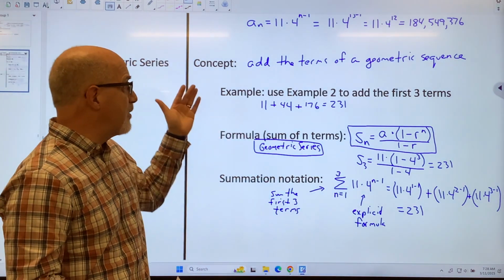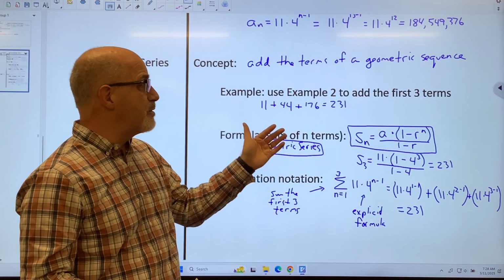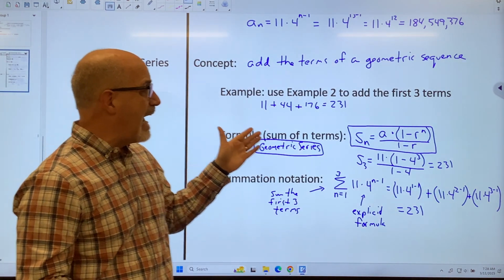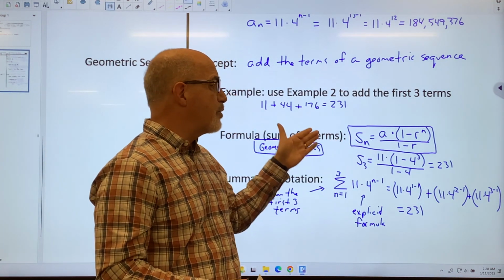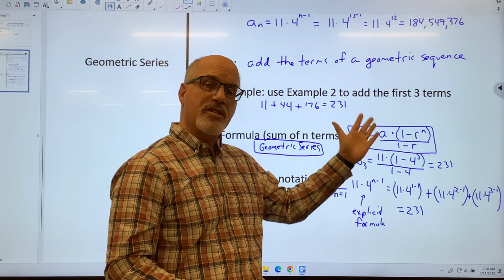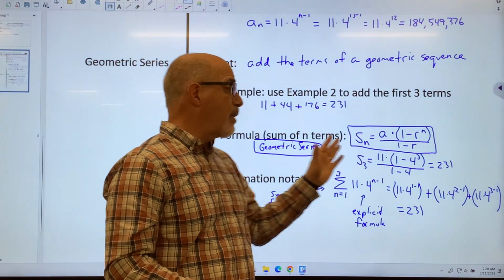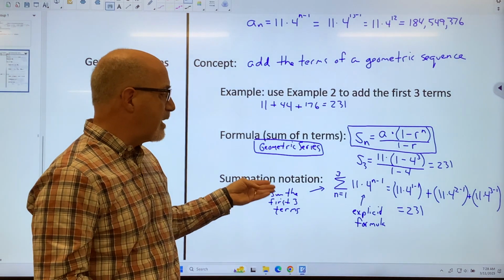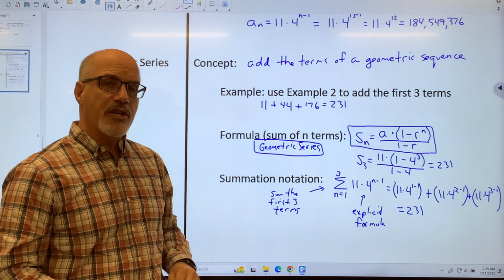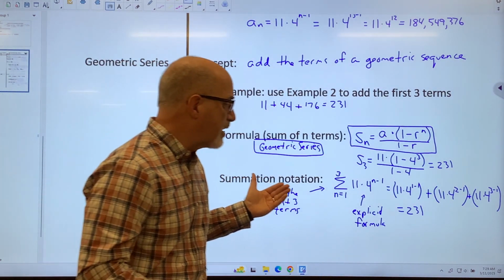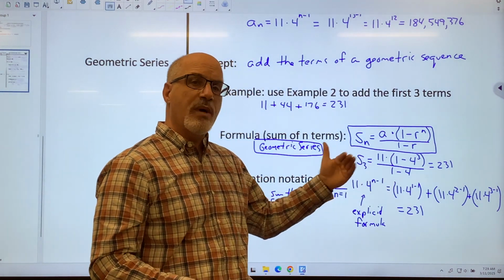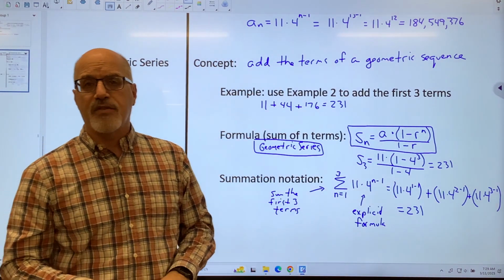Then we talked about series, where you add those terms together, and if we want to, in a geometric series, add a certain number of terms, you can use this formula to jump to that sum rather than listing them all out and adding them together. And then we also can list it in summation notation, which allows us to look at the explicit formula and how the formula would lead you to adding up each of those terms of this sequence.